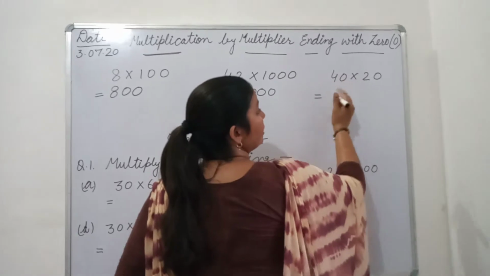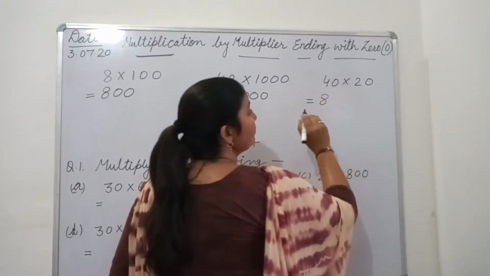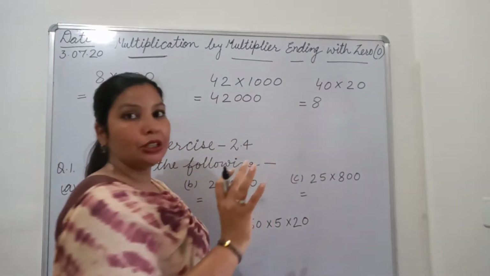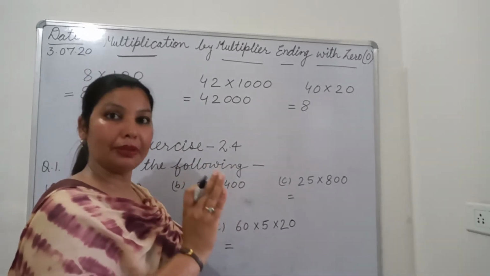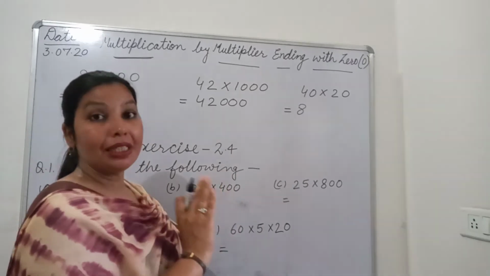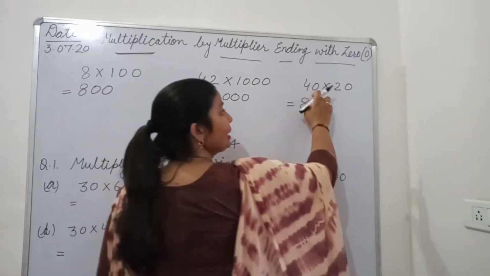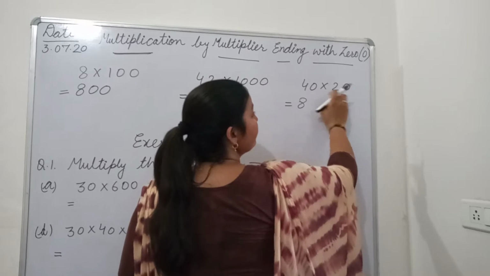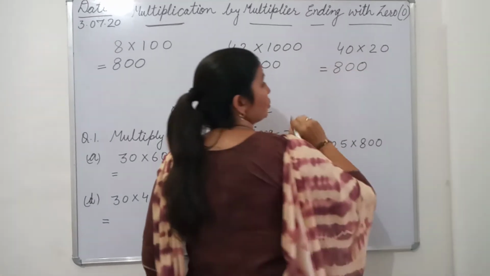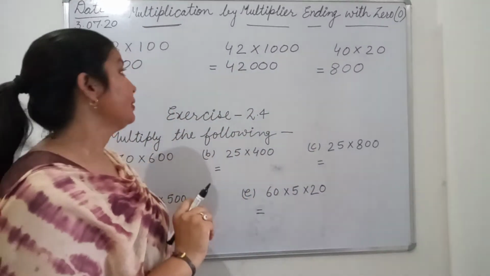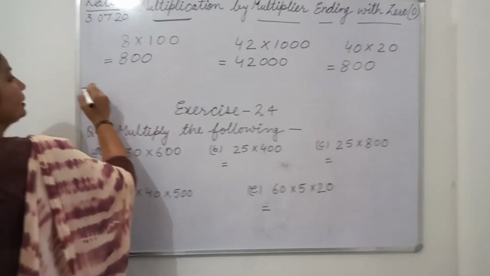So 4 2s are 8. Now we should count as many zeros as there are in both, in the multiplicand and in the multiplier. Here there is 1 zero and in the multiplier also 1 zero. So 1 and 1 is 2. So 2 zeros. So what's your answer? 800.